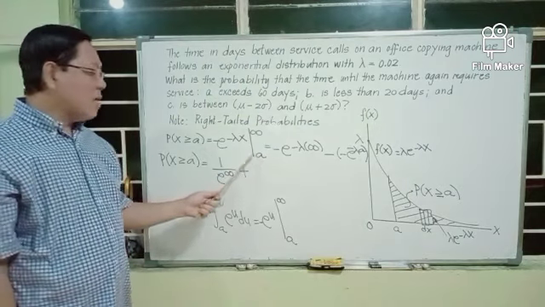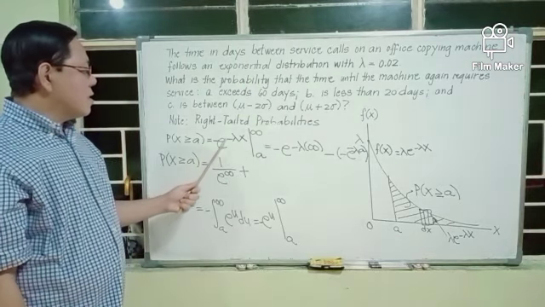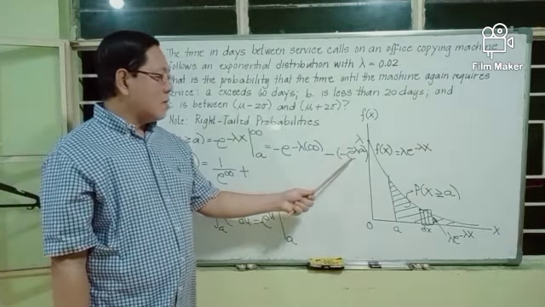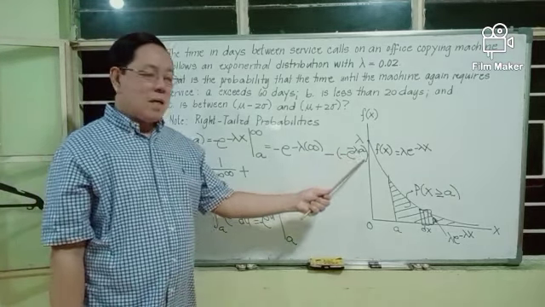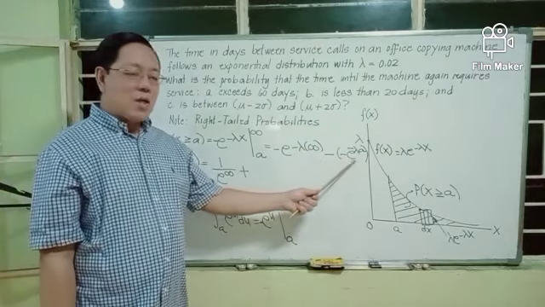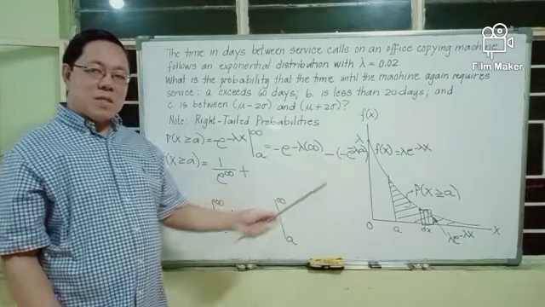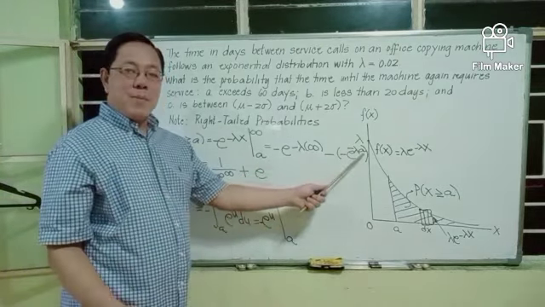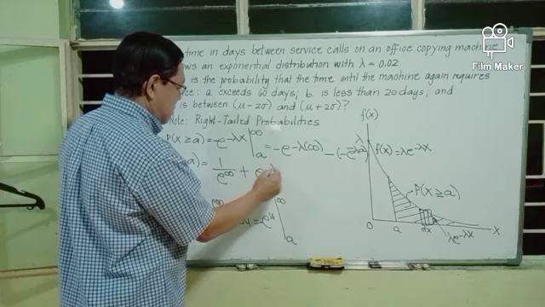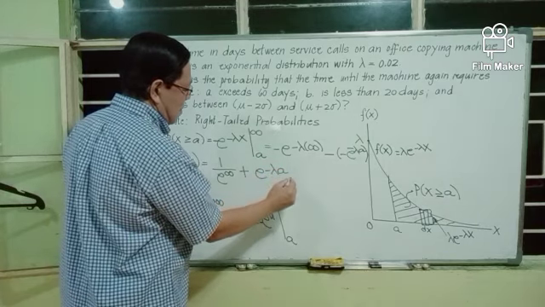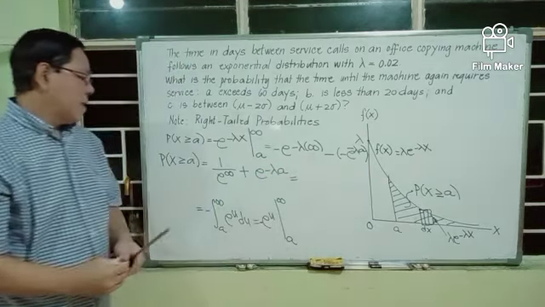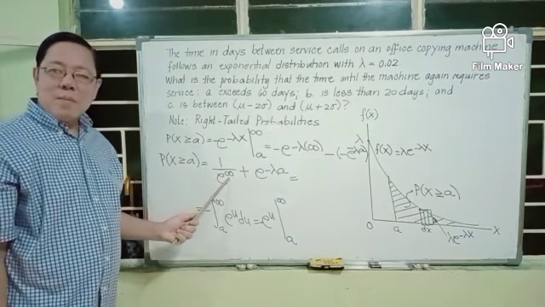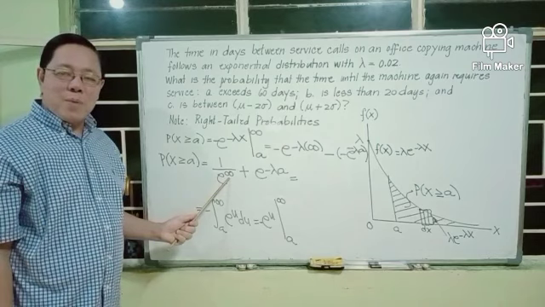When x is a, you get minus e to the power minus lambda a. So the second term becomes negative times negative is positive, plus e to the minus lambda a. And the first is a very, very large number.